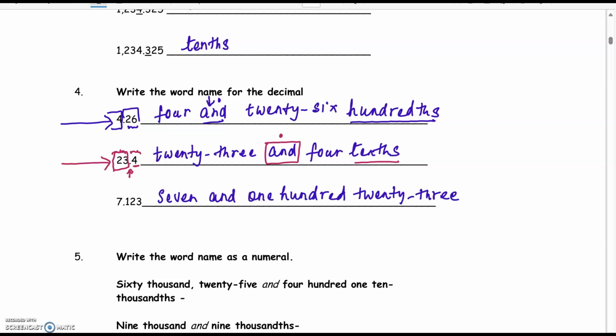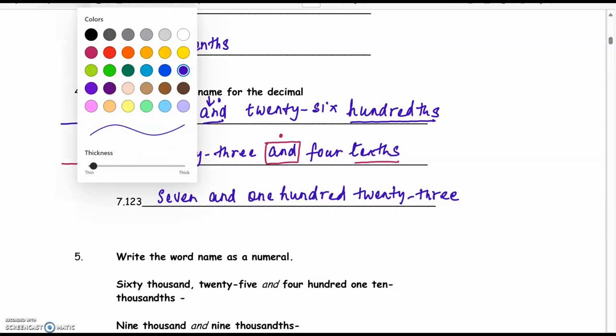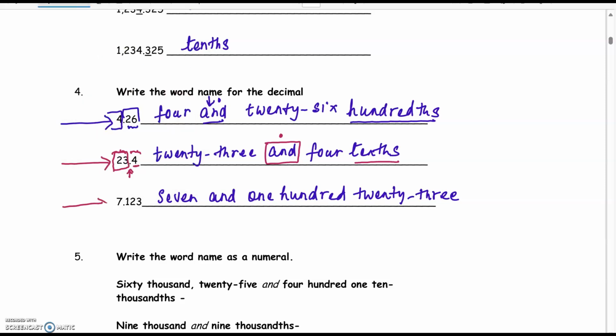So here we'll look at the next one. 7 is the whole number, and and is the word that replaces the decimal point. And notice that the decimal portion of the number has 3 decimal place values: tenths, hundredths, thousandths. So 123 is the number after the decimal point, and the word is thousandths.